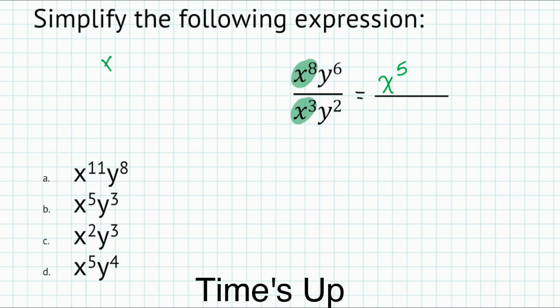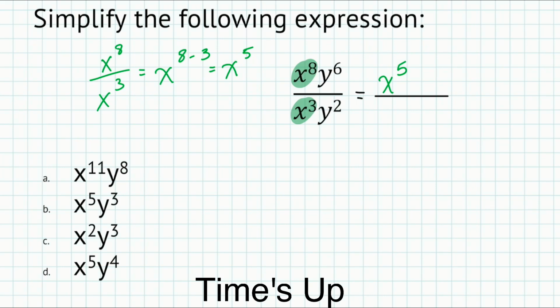Again, x^8 over x^3 is x to the power of 8 minus 3, which is x to the power of 5. Because it's a positive 5, we'll put it up top. If it was a negative, we could leave it as a negative up top or put it as a positive in the denominator. Hint, hint, we might be dealing with a problem like that soon.